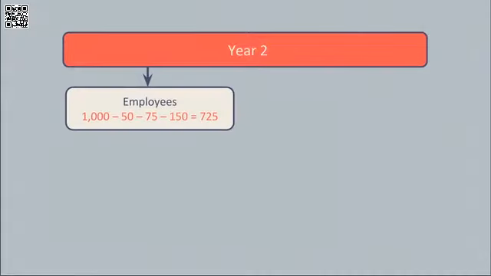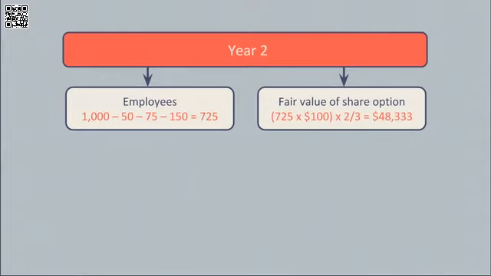Now, year 2. Calculate the employees entitled. 1,000 less 50 who leave in year 1, minus 75 who leave in year 2, less the 150 estimation, equals 725. 725 multiplied by $100 equals $72,500. It's the second year, so $72,500 multiplied by 2/3 equals $48,333.